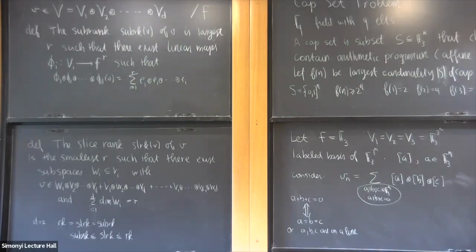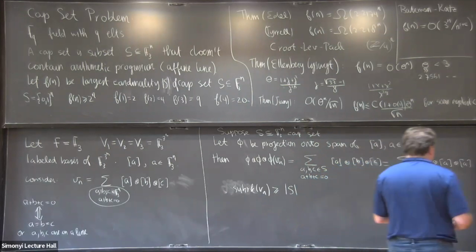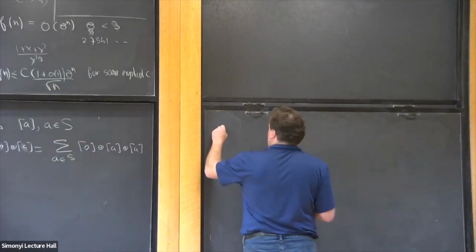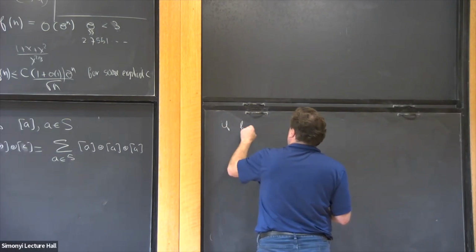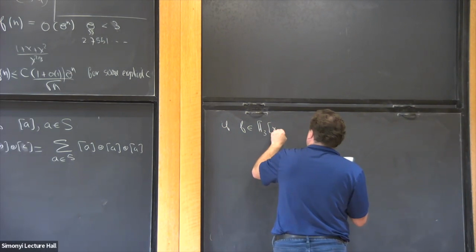So now we're wondering if you can find an upper bound for the slice rank of this tensor Vn. I need to introduce some more notation. This is sort of like the polynomial method, because now polynomials start appearing.